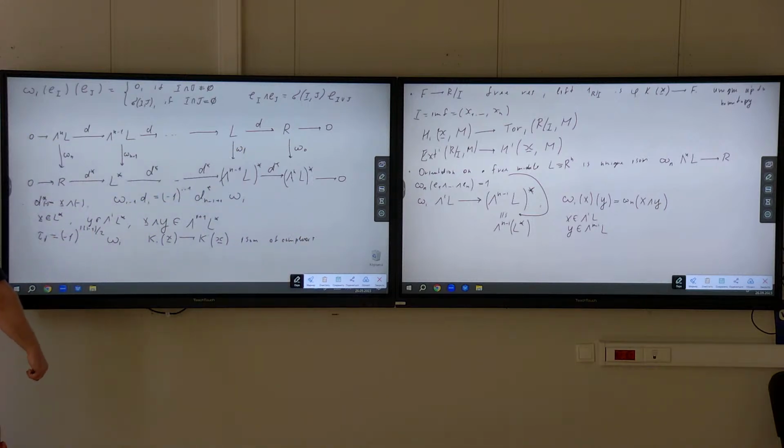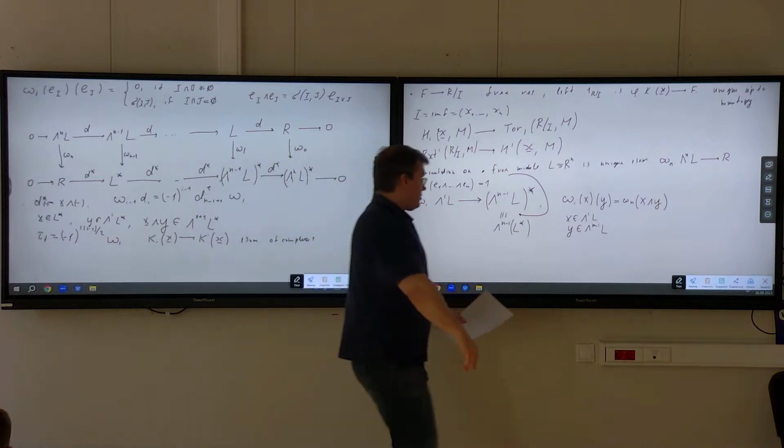And more generally, this isomorphism induces an isomorphism when you take a tensor product with M or you take Hom into M. So maybe I do this computation.